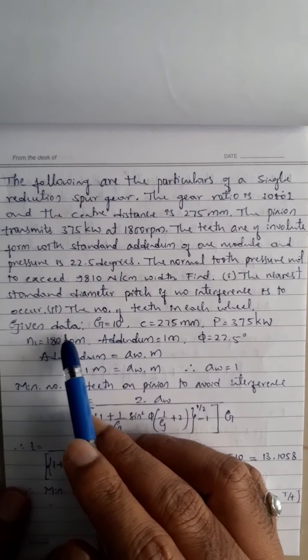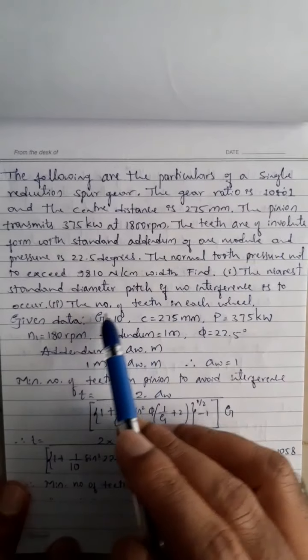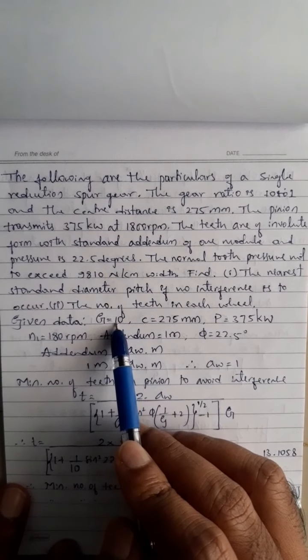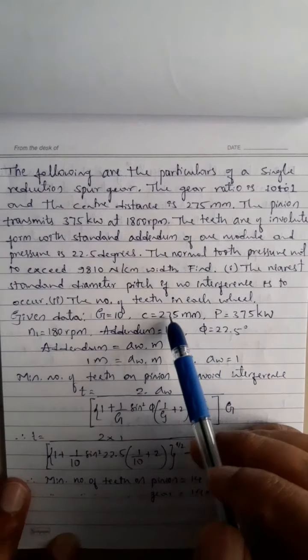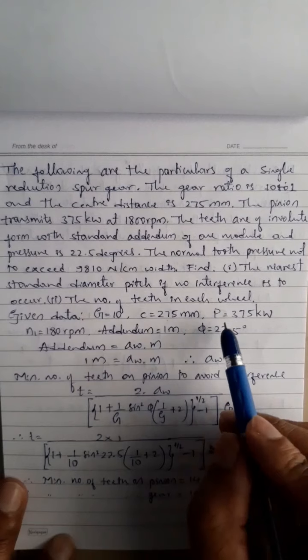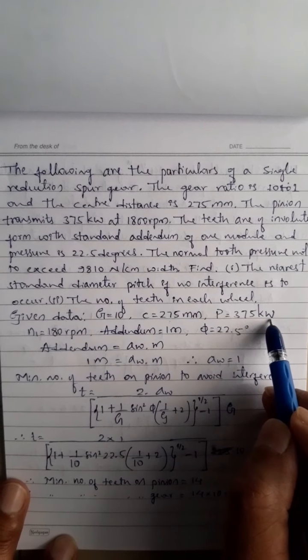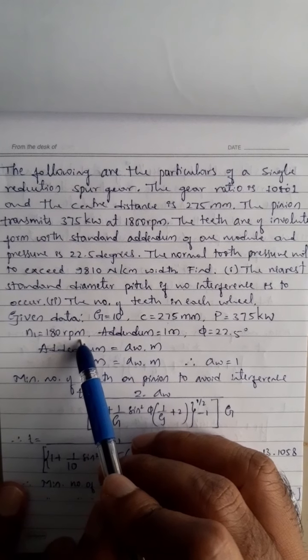Now if we look into the given data, the gear ratio is given 10:1. So that is gear ratio G is 10. Center distance is given as 275 mm. Power transmitted is 375 kW. Pinion rotates at 1800 rpm.